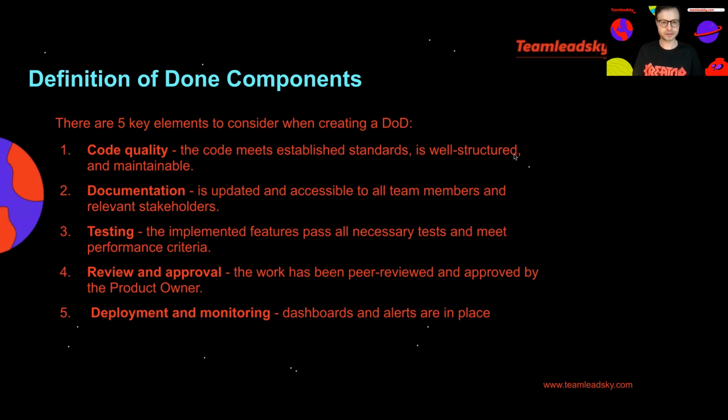Testing, so test coverage, the manual testing or automated testing activities that have to be completed before a certain feature can be considered done, and as well requirements related to review and approval, be it peer review or approval by the product owner. And finally, once we release a feature, then in most cases we need to make sure that certain deployment procedures are followed and adequate monitoring is set up.